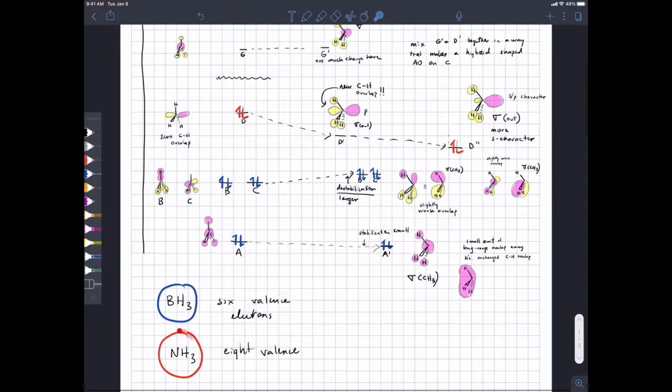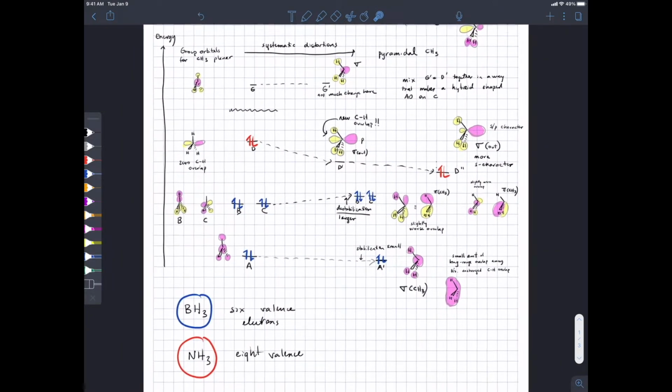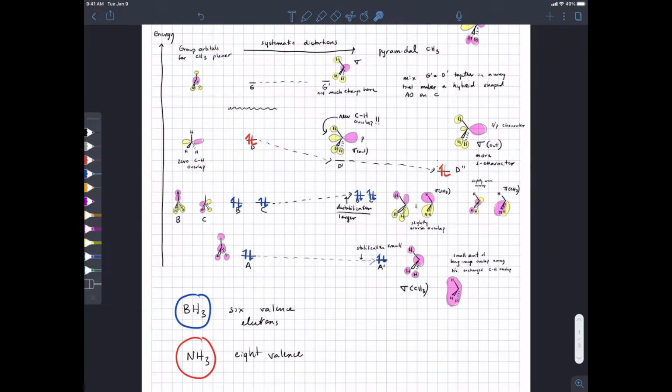In contrast, ammonia, which has 8 valence electrons and the same exact number of atoms, so we can use the same orbitals and just compare the two geometries. Here I'm representing the additional 2 electrons of ammonia in red. If we were planar, those electrons would be held in a p orbital with 0 CH overlap.